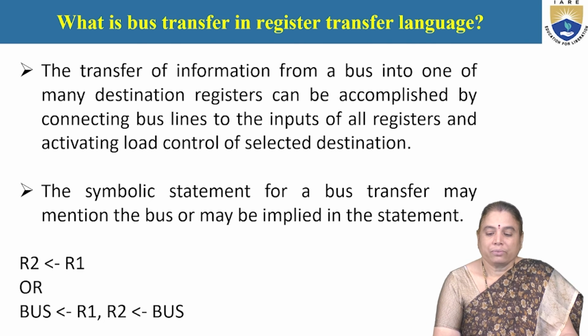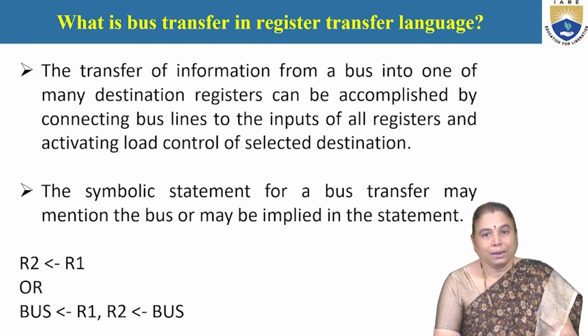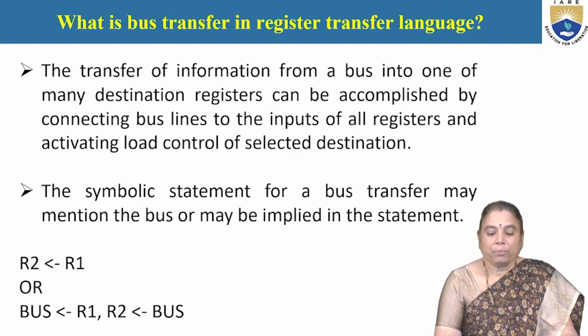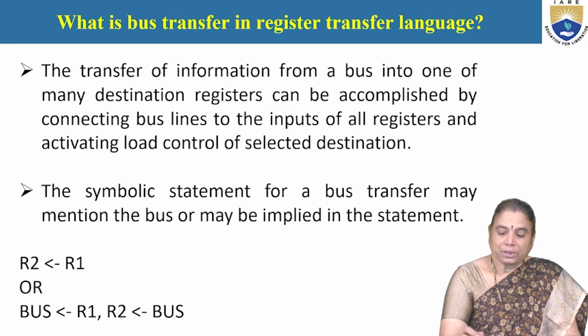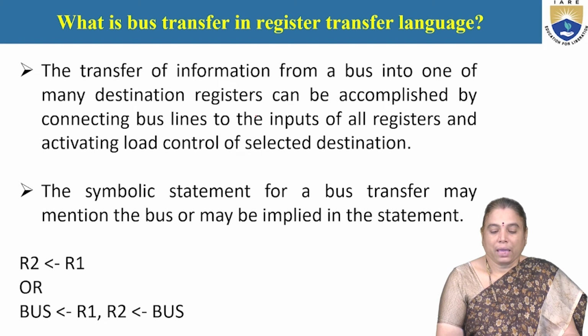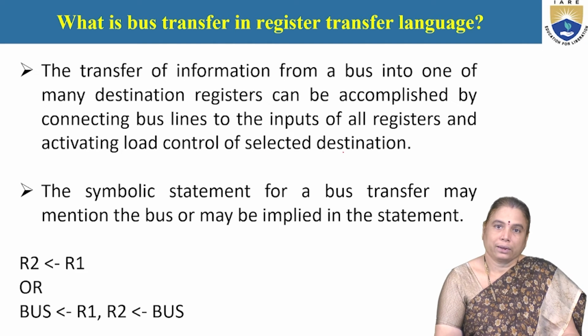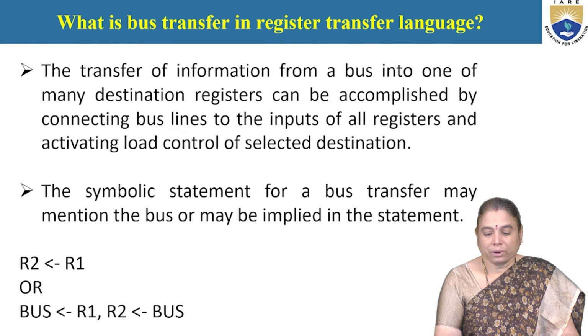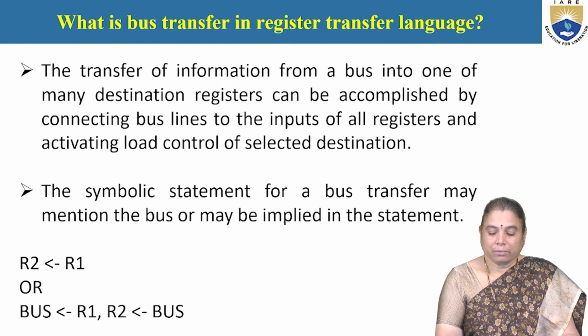What is bus transfer in register transfer language? The transfer of information from a bus into one of many destination registers can be accomplished by connecting bus lines to the input of all registers and activating the load control of the selected destination. The symbolic statement of a bus transfer may mention the bus, or the bus may be implied in the statement.